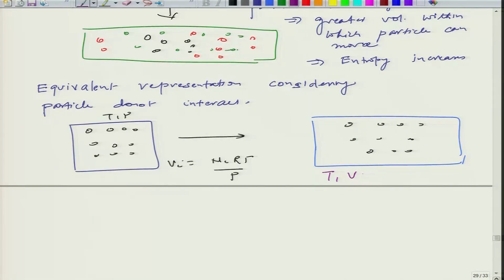And essentially this volume can be written as total number of moles N R T by P, okay. And the final pressure is going to be N_i and P. P is the total pressure of the system, but the contribution due to this particular black particle would be N_i by N times P, okay.